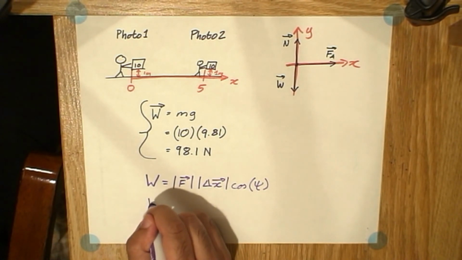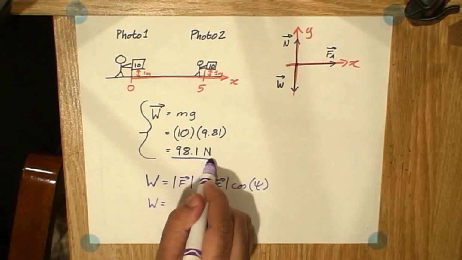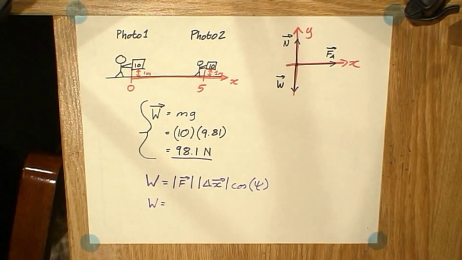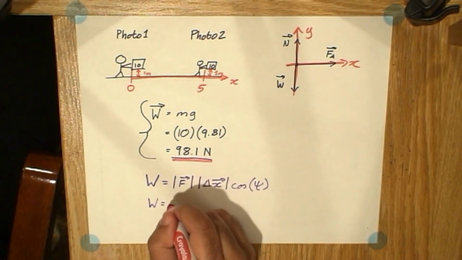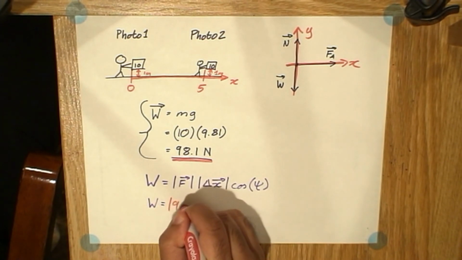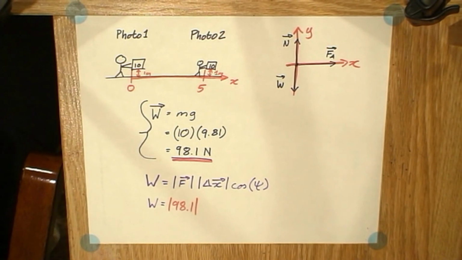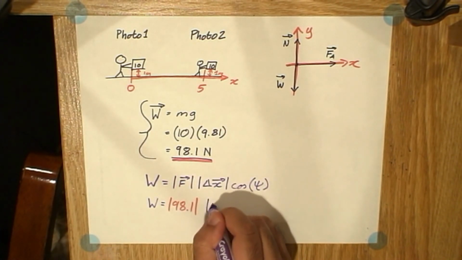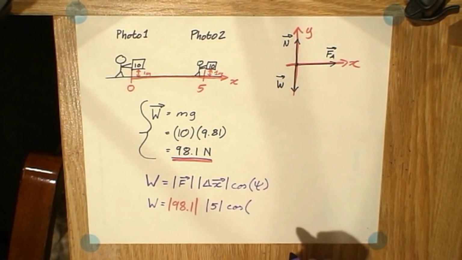Now, since we're interested in the weight force, the force is going to be 98.1. So we would write this as 98.1 times the displacement of the object, which is 5, times the cosine between these two vectors.